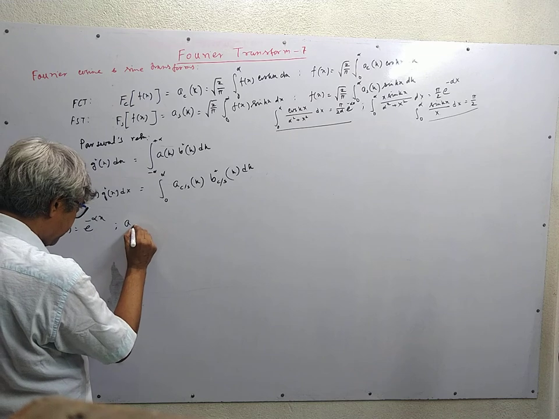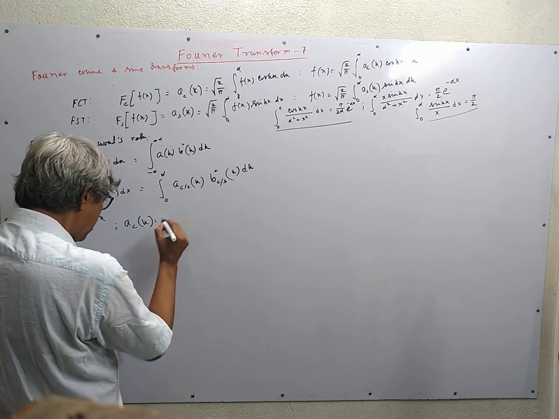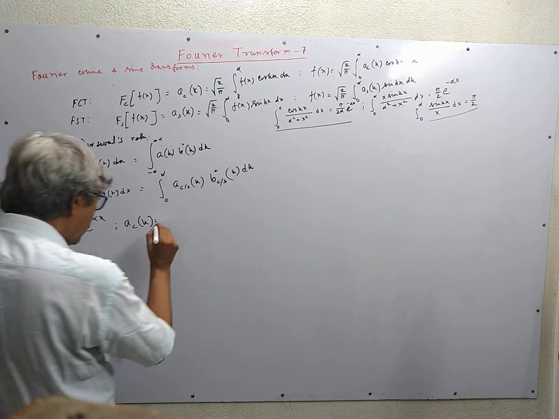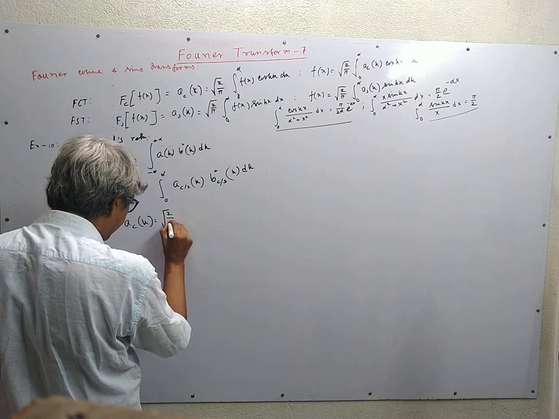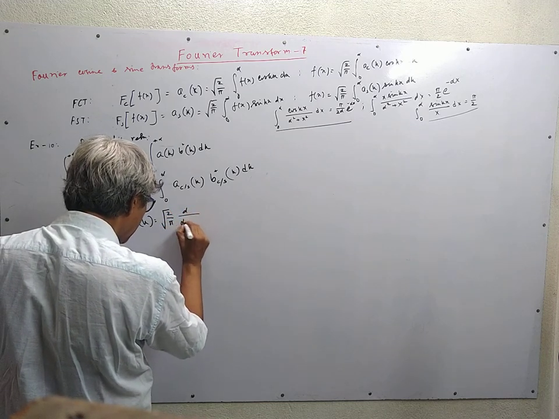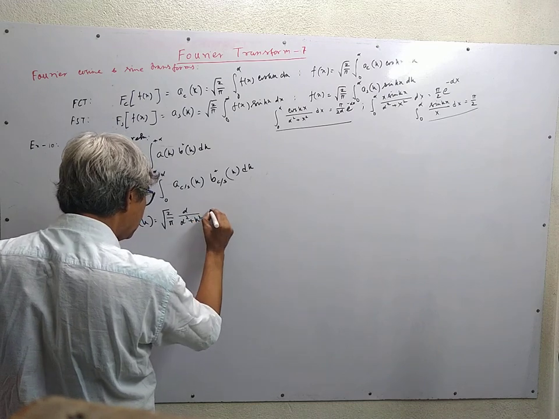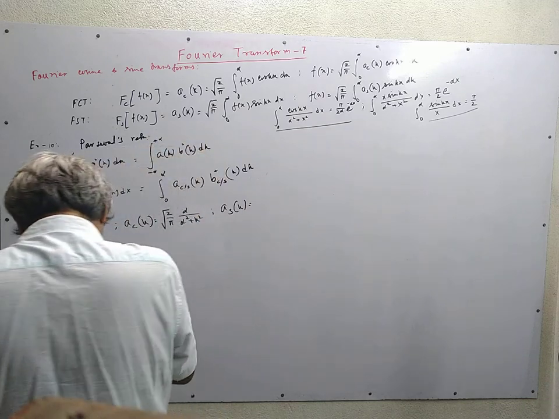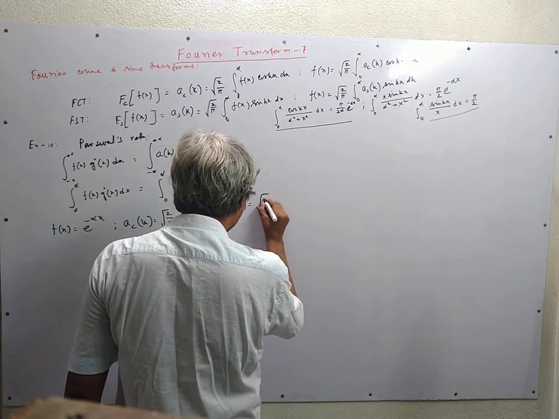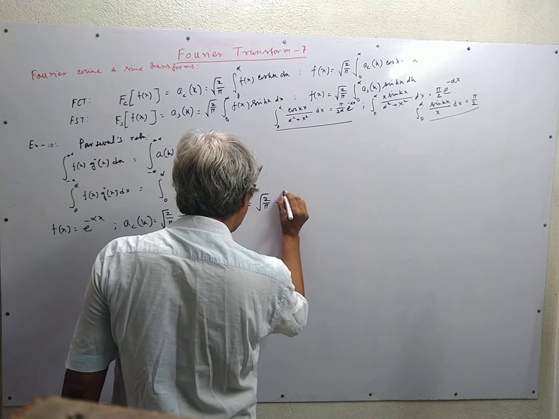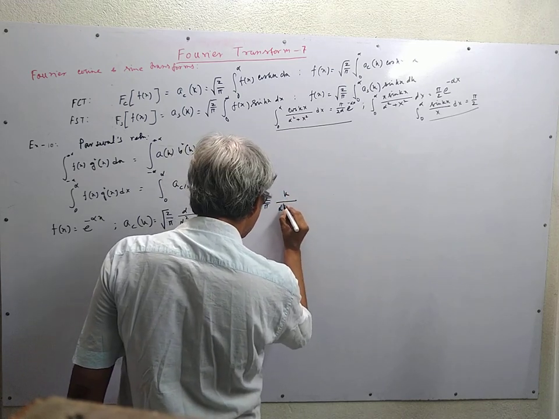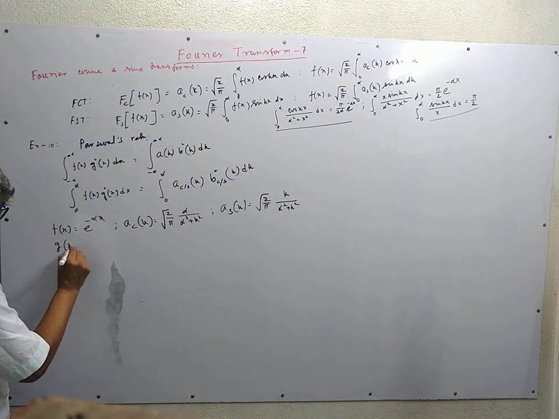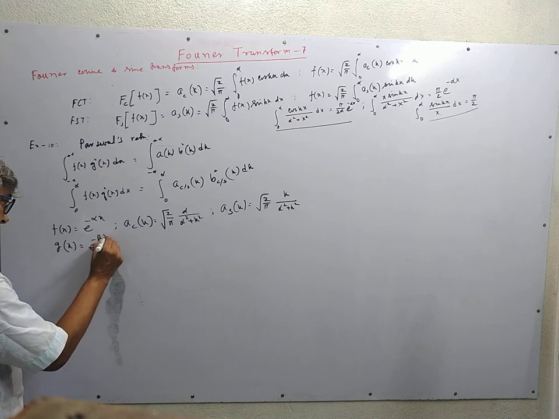Its cosine transform we have evaluated earlier, and its sine transform is similar. We also consider the function g of x equal to e to the power minus beta x.